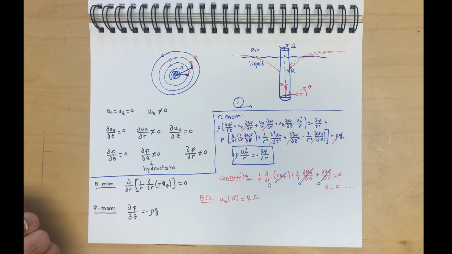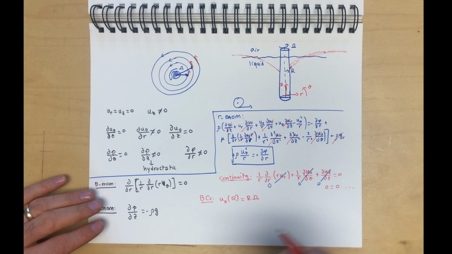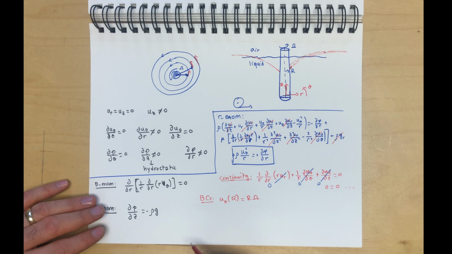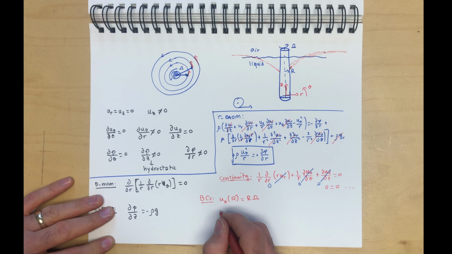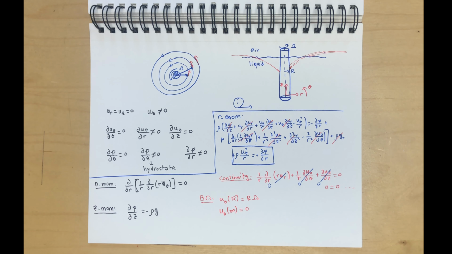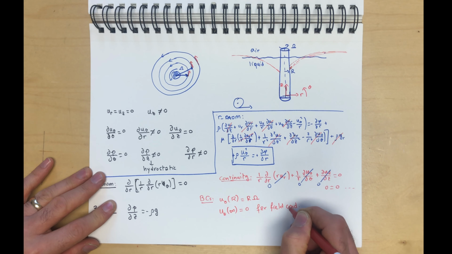That gives you the tangential velocity at the surface of the cylinder. And another interesting condition is that u theta at infinity should be equal to 0, because this is a very large fluid. We call this the far field condition.